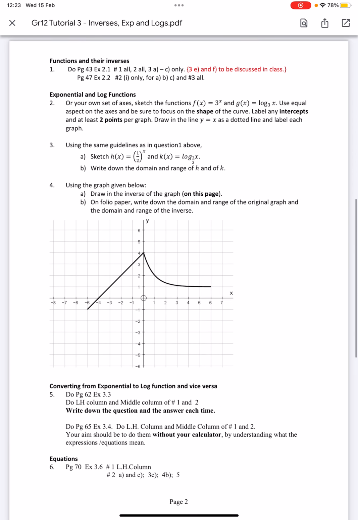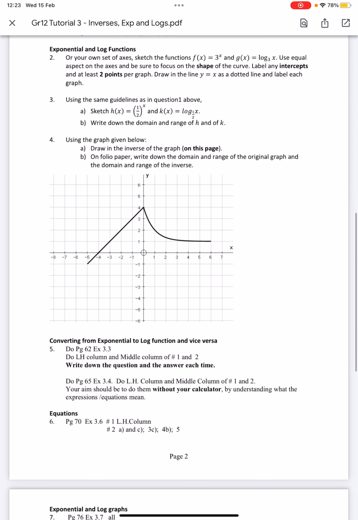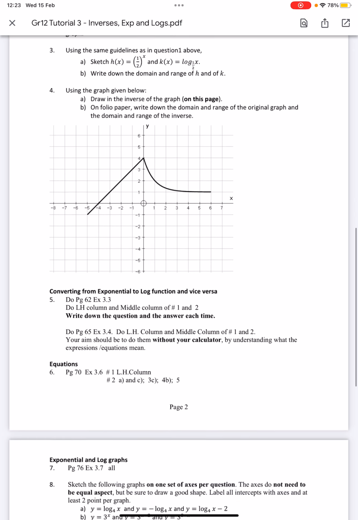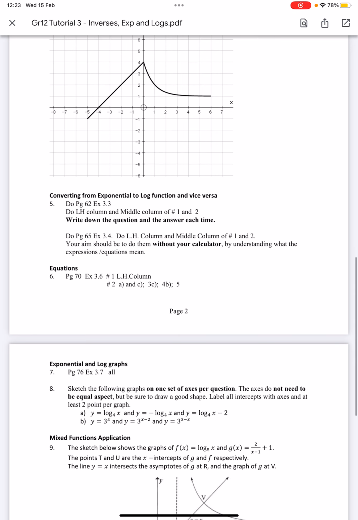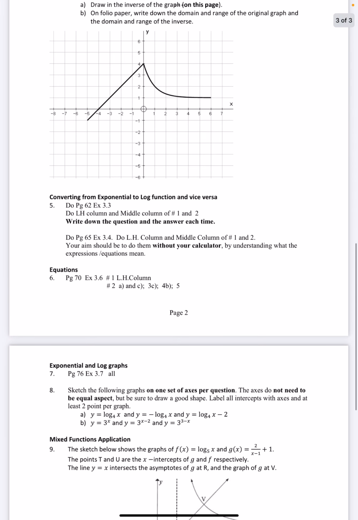All right, so you can now do some of these questions in number 5. I don't know if you guys have worked through 1, 2, 3, 4, but you need to do some of the questions in number 5. And then also number 6, the questions in number 6 are equations questions, so you can do those. And then 7 and 8 and 9, we can talk about those tomorrow.